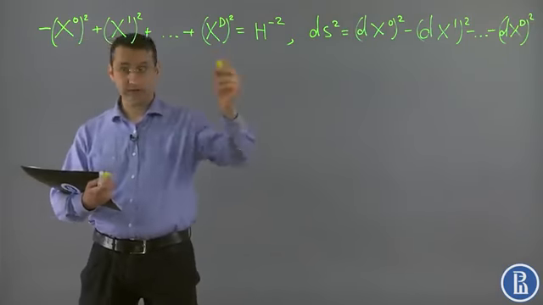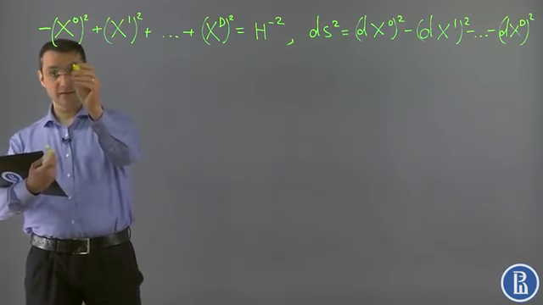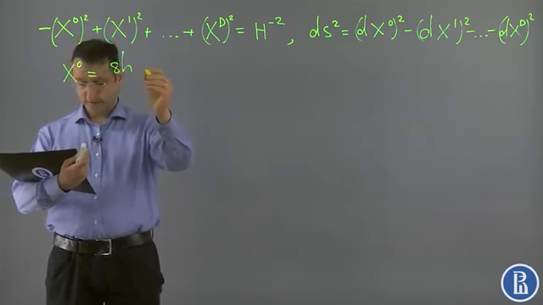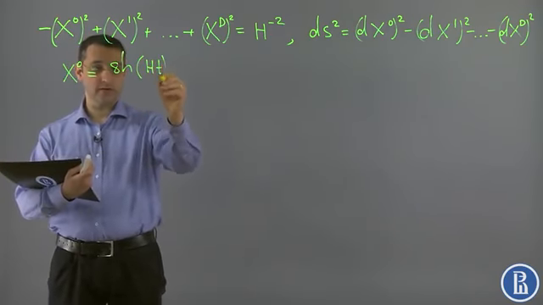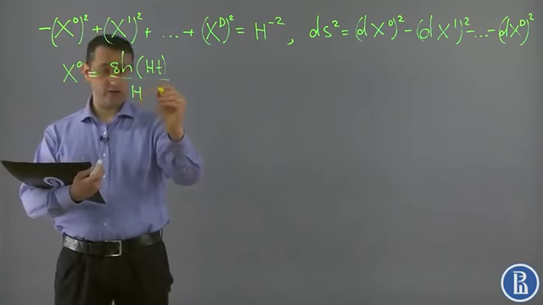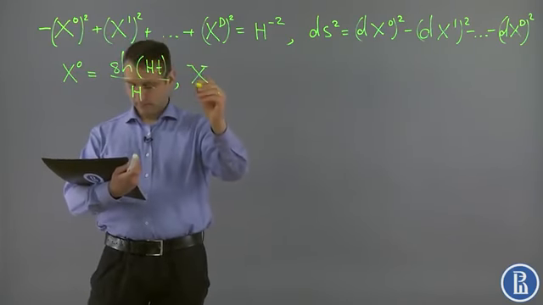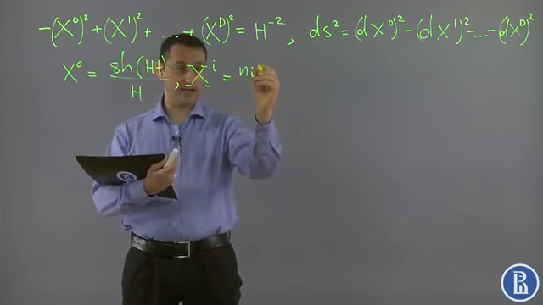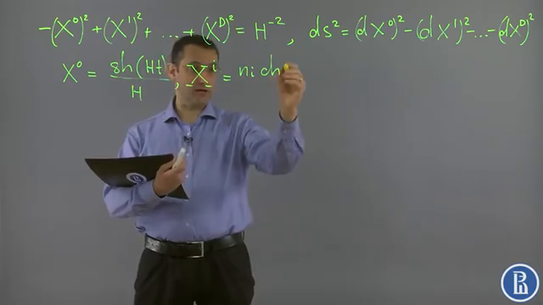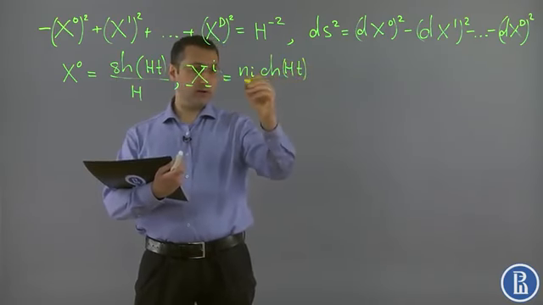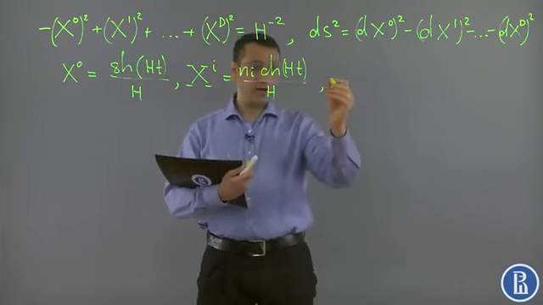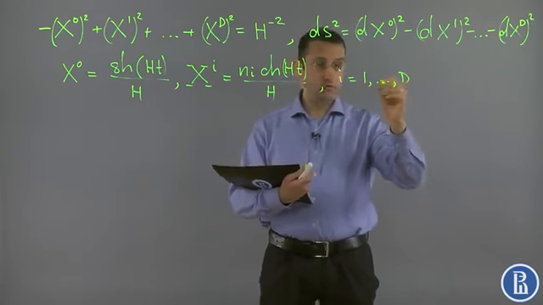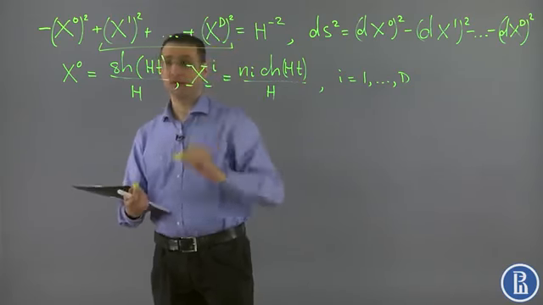So one can solve this equation very easily, for example, by x0 equal to hyperbolic sine of ht divided by h, and xi equal to ni times hyperbolic cosine of ht divided by h, where i is running from 1 to d.